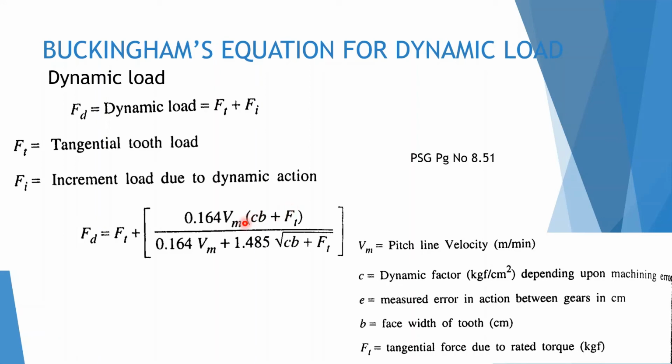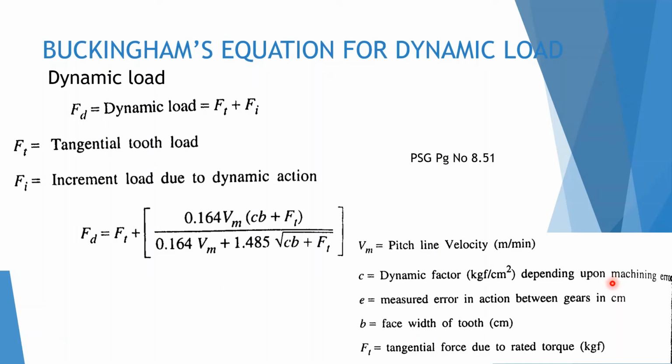So here Cb, Vm and Ft are calculated by using some equations. And C is the dynamic factor, in kilogram force per centimeter square, and that depends upon the machining error, how much error is happening in that machining.